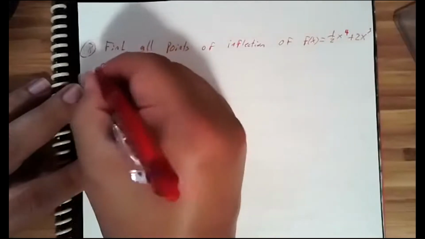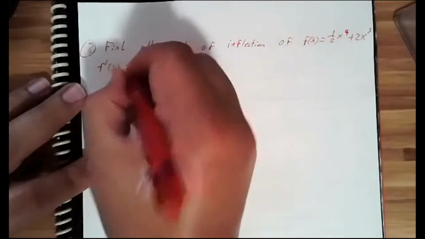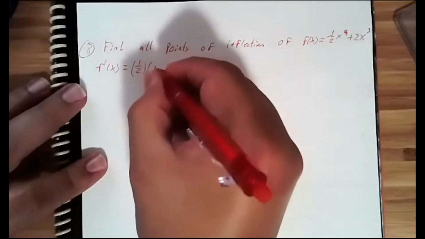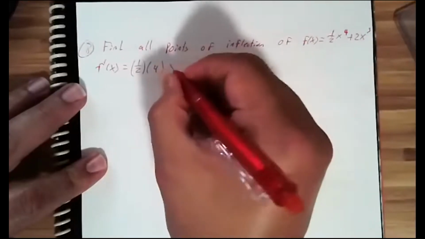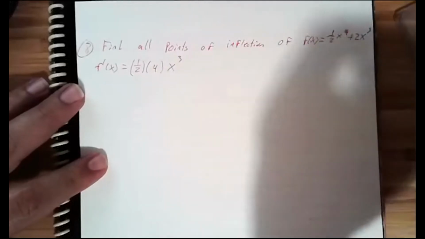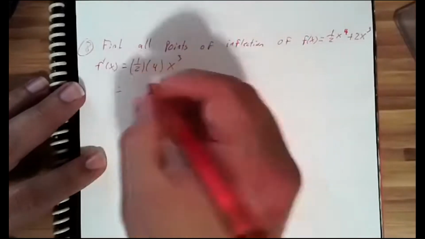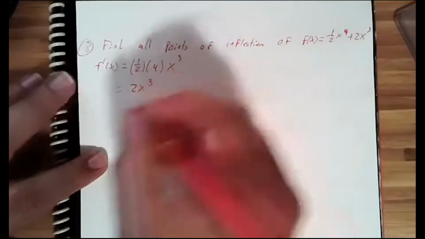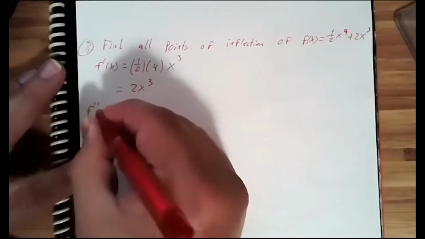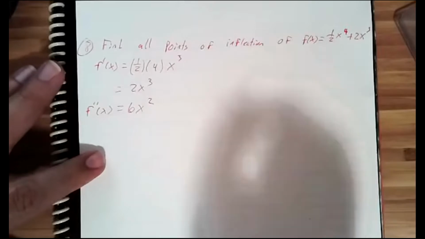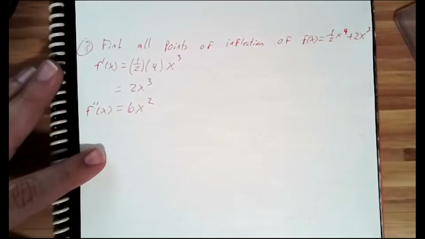So the derivative will equal 1/2 times 4 minus 1, right? Which is going to be 2x cubed. So another derivative is going to be 6x squared. All right.